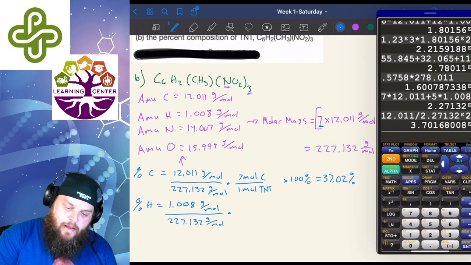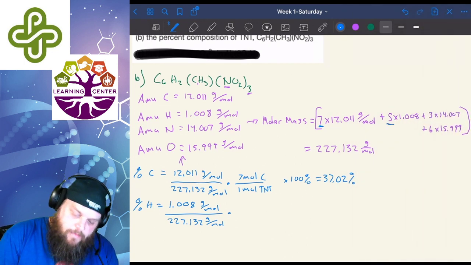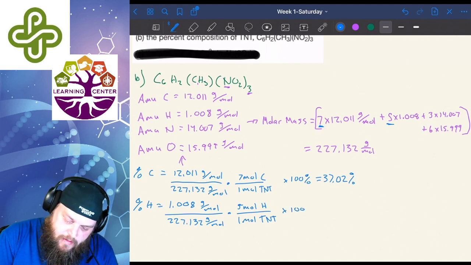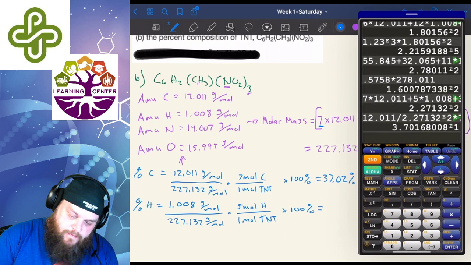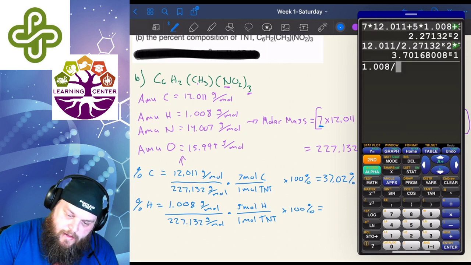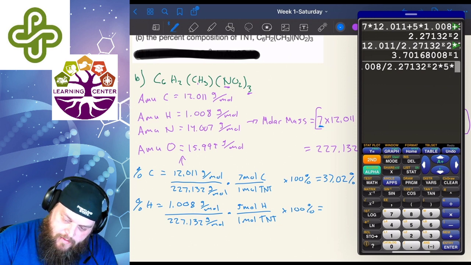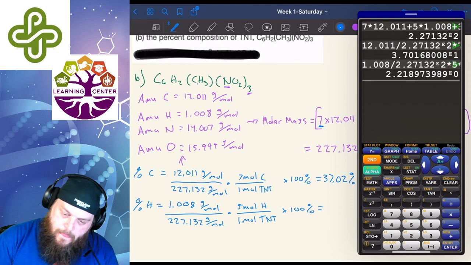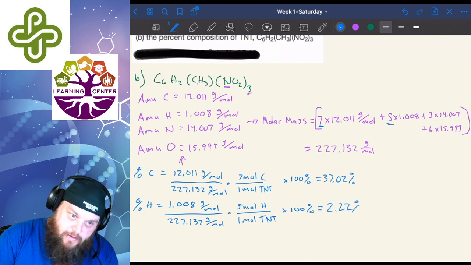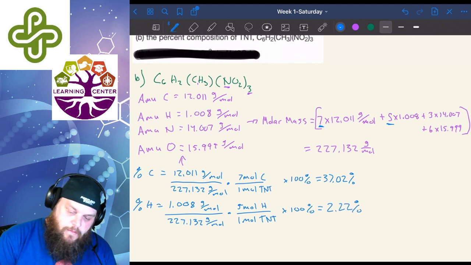Multiply that by its ratio, which we said was 5 to 1, so that's 5 moles of hydrogen per 1 mole of TNT, times 100%. Dividing 1.008 by the molecular mass, times 5, times 100, is equal to 2.22%.